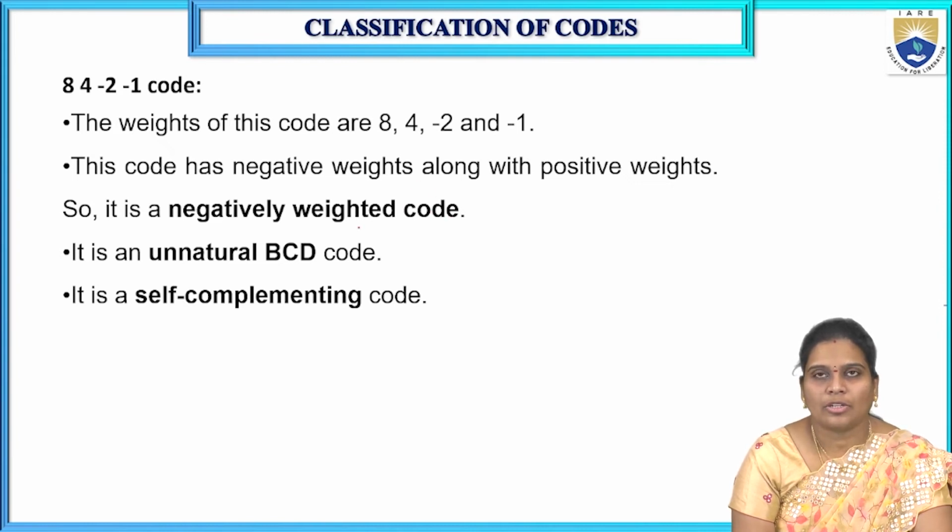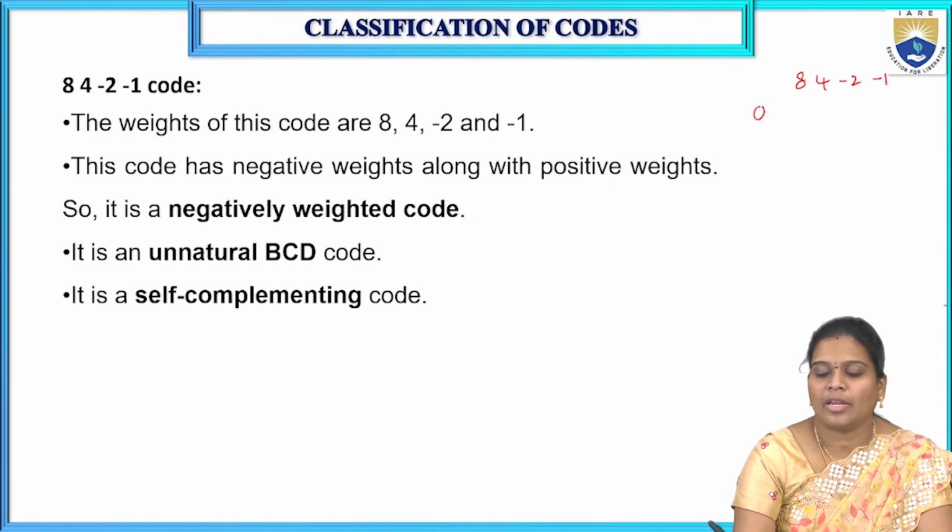This is also a self-complementing code. Now add all the positions of these weights: 8 plus 4 is 12, 12 minus 2 is 10, 10 minus 1 is 9. So here also we are taking the 9 digits only.